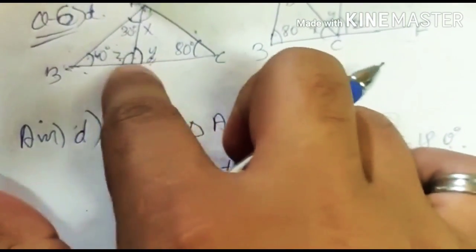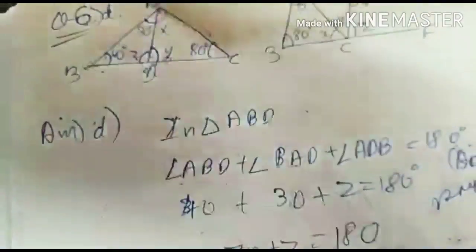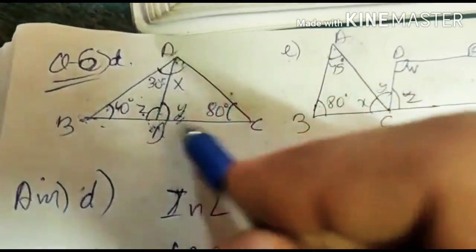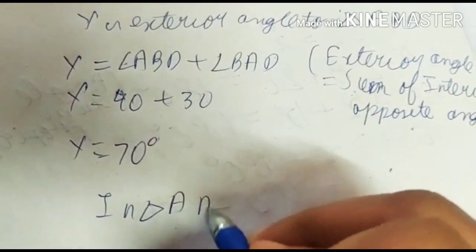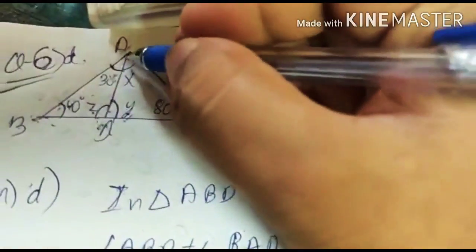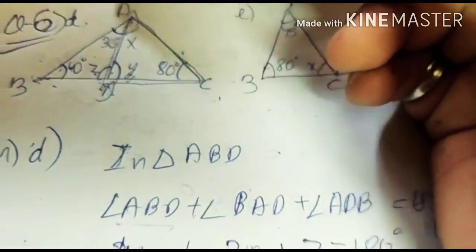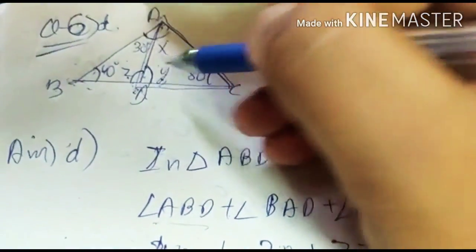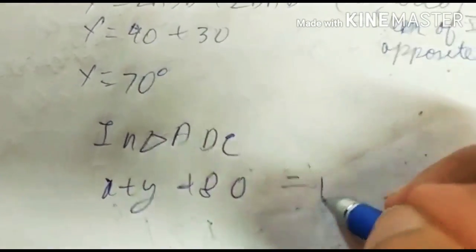Sorry, z and y are the linear pair. Now in triangle ADC, the sum of angles is always 180 degrees, so it has angle x, y and 80. x plus y plus 80 equals 180 degrees.